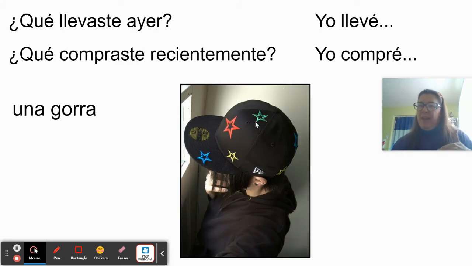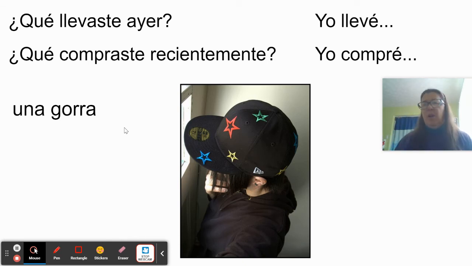All right, baseball hat. Whether you like a snapback or not, it's a baseball hat of some kind. It's got that brim, so it's una gorra. So either tell me yo llevé una gorra or tell me yo no llevé una gorra. I'm going to ask you again. ¿Qué llevaste ayer? Now you ask me.